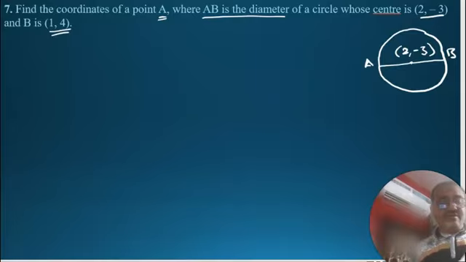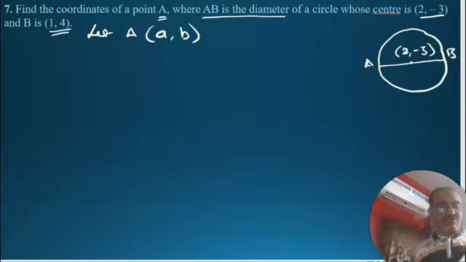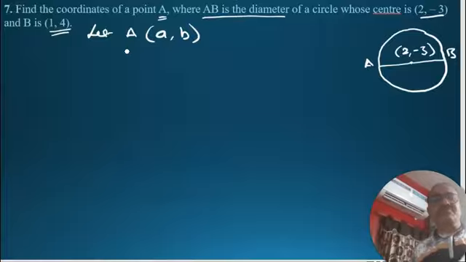So let A be some (a, b). Let us assume the point A as (a, b). B is (1, 4). These are the ends of the diameter.